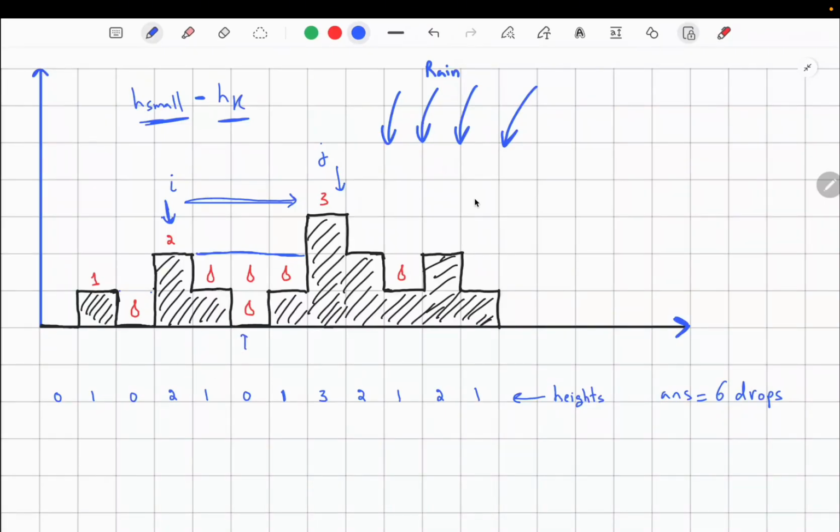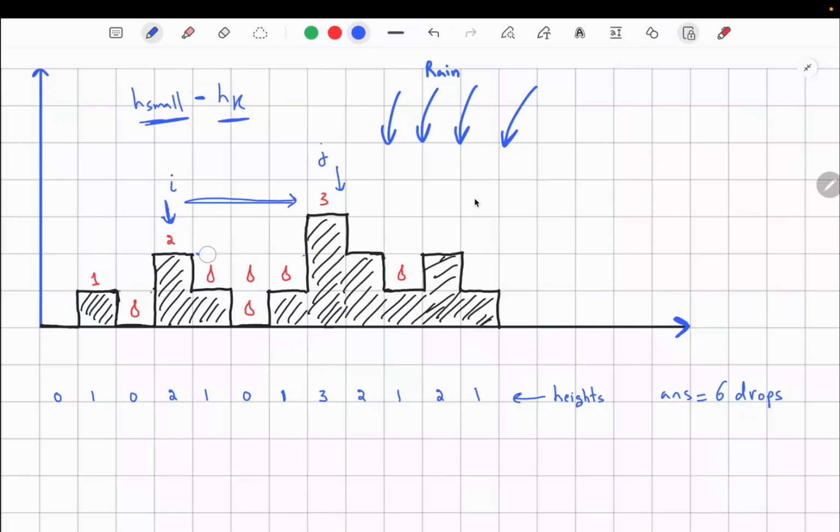If you look at this height, it is equal to 0, so 2 minus 0, we have 2 drops of water right here that we can trap. Here we have h small, which is 2, minus the height, which is 1, so we have 1 drop of water that we can trap.